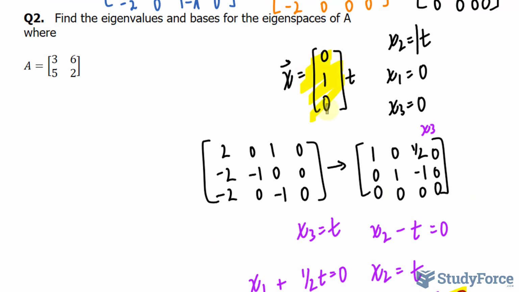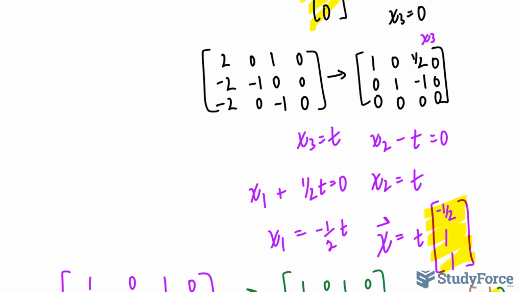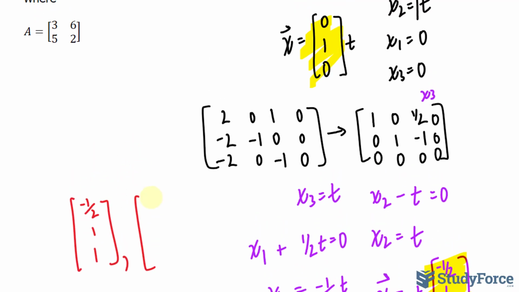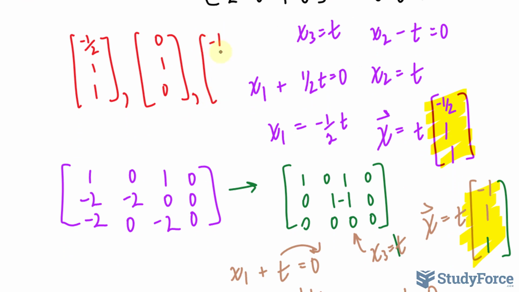Those represent your eigenvectors. So let me write them down clearly for you. I'll rewrite this one: negative half, 1, and 1. Your other eigenvector, the one hidden up here, is 0, 1, and 0. And the last eigenvector is the one that I wrote here, negative 1, 1, and 1.